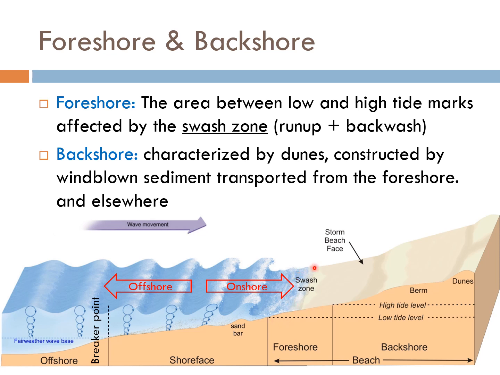It's called the swash zone because this is the area where the residual wave energy runs up the shoreline, depositing some of the fine sediments and then backwashes into the sea again, carrying most of the sediment. Backshore, meanwhile, is characterized by the dunes and the berms. They are formed from wind-transported sediment.